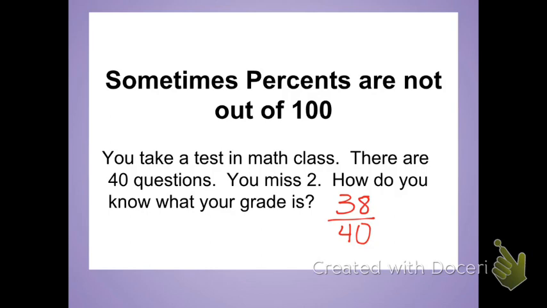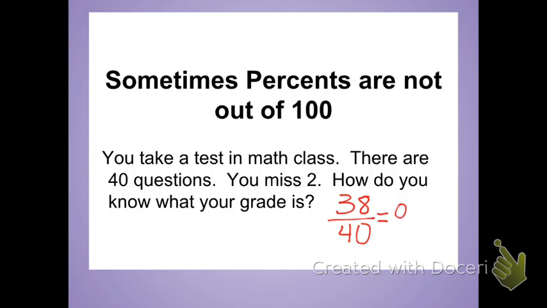Now, if I just gave you a fraction, you know how to make that into a percent, don't you? Divide. Grab your calculator. Divide 38 by 40. When you have an answer, raise your hand. Eli, what'd you get?